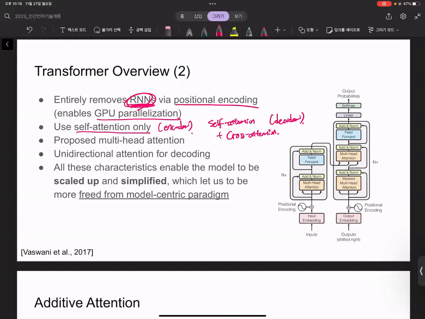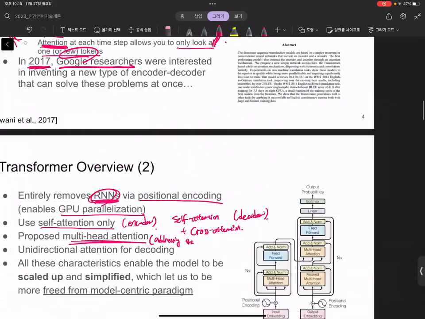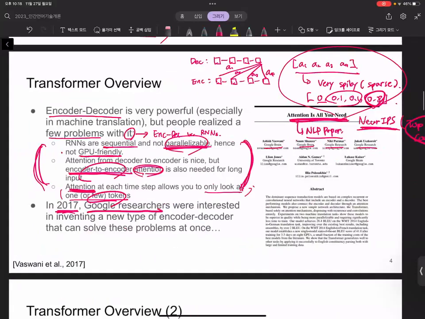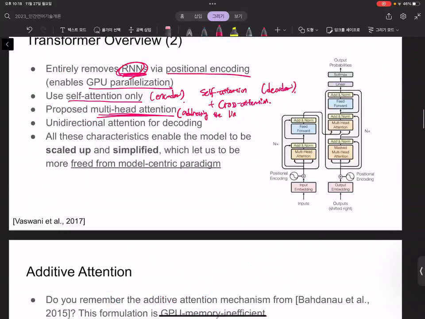And they proposed multi-head attention. This addresses the third limitation, number 3. The attention only looks at a single token, but if we use multi-head attention, then this limitation can be resolved.